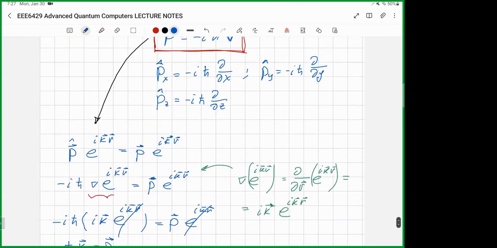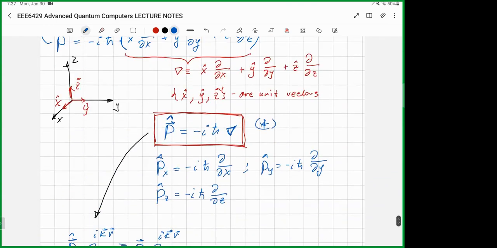So this means that this operator gives the correct answer that is in agreement with the classical definition of a momentum.